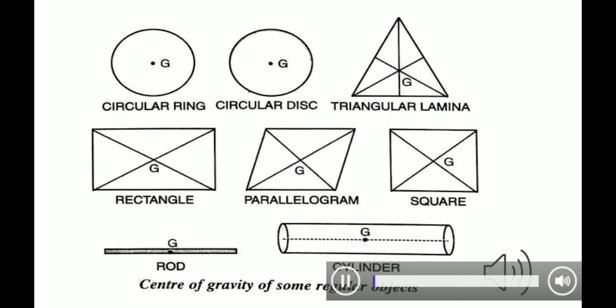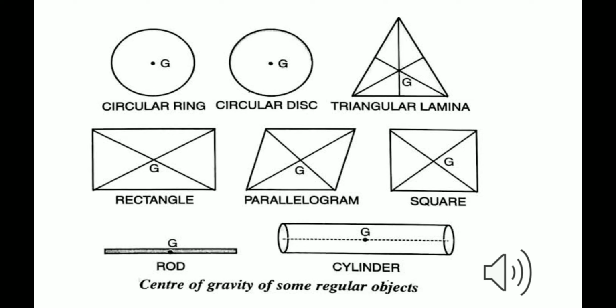Now this picture has a few objects and shapes, and the center of gravity has been mentioned, showing at what point it will act. In the first case, we have a circular ring, and the center of gravity is in the center, that means in the mid.